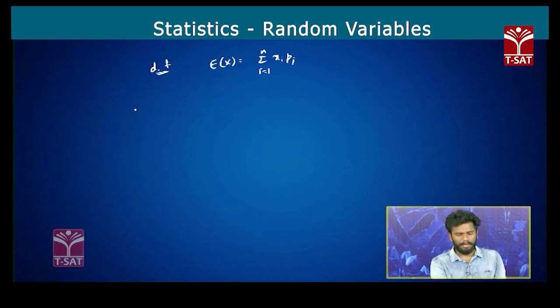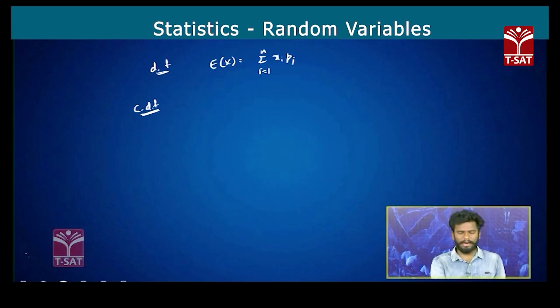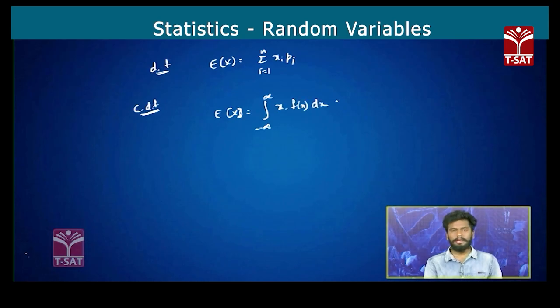The same way, in continuous distribution functions, expectation of x will take the formula integral of x into f of x dx. So in a continuous distribution function, the expected value is the integral from minus infinity to plus infinity of x into f of x dx.